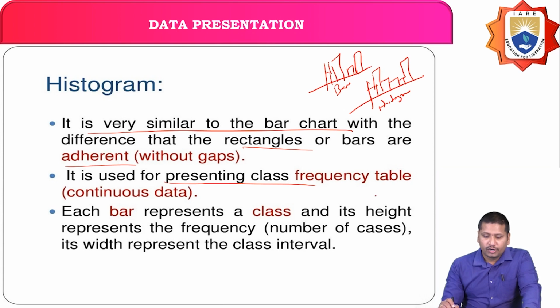So it is useful for representing the class frequency table, and it is preferable only for continuous data. Each bar represents a class and the height represents the frequency, while the width represents the class interval.